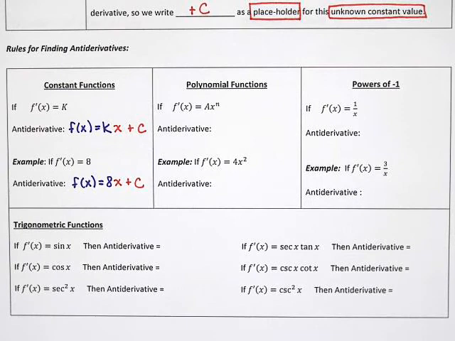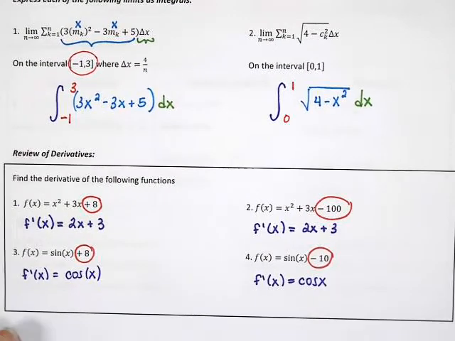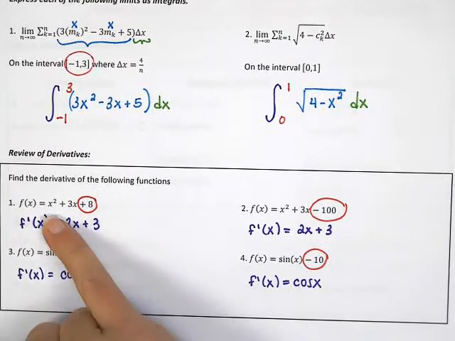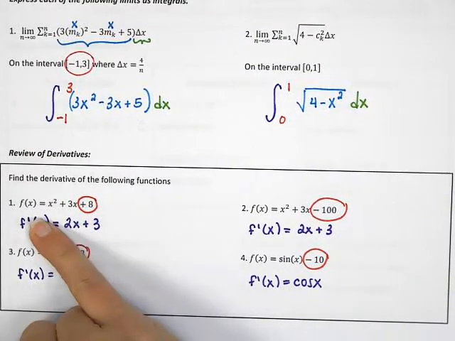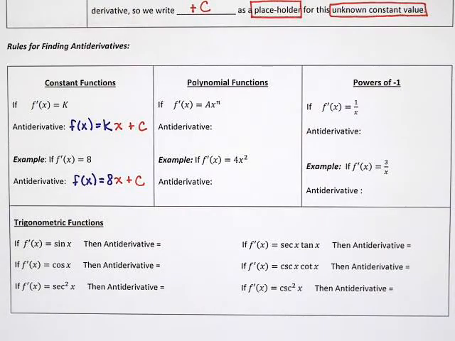Now, if your derivative is a number times x to a power, so we're talking about polynomial functions now, kind of like what happened here with x squared, we need to undo the power rule. Now, the power rule says you multiply by the power and subtract the power by 1. So to undo that, we're going to add 1 to the power and divide by that number.